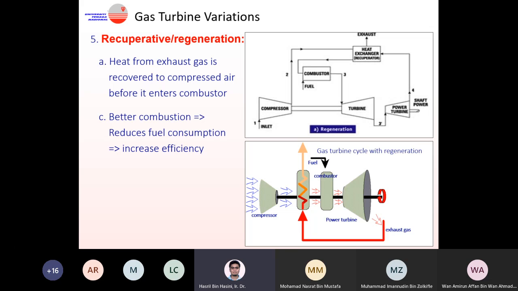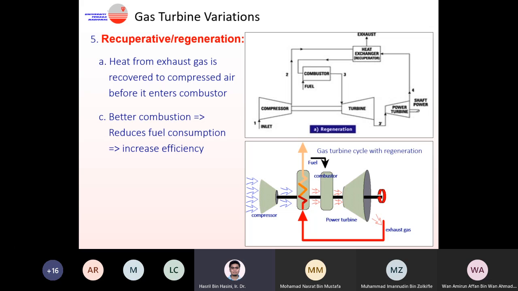So what they do is they tap the hot exhaust gas that comes out from the turbine, and then channel it to a heat exchanger. The compressed air which is to be injected into the combustor will flow through the heat exchanger, pick up the heat from the exhaust gas, then enter the combustor. So the temperature here is higher than without the heat exchanger.